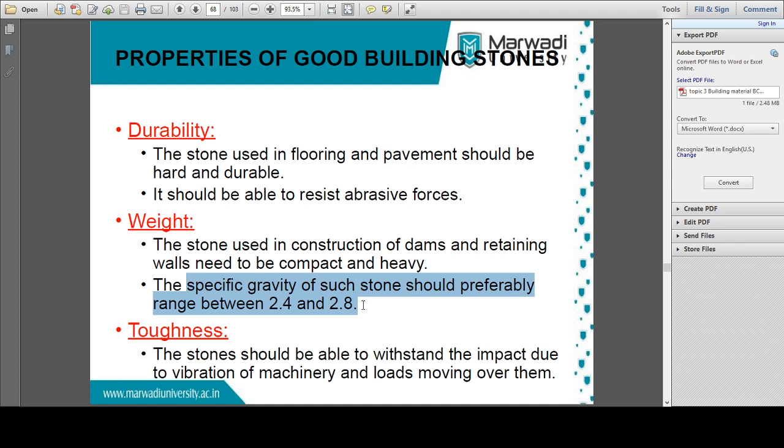If we take 1 meter cube of this stone, and in comparison take 1 meter cube of water, and if we take the ratio of both the weights, then it will give us the specific gravity of 2.4 to 2.8. So it is in variation.